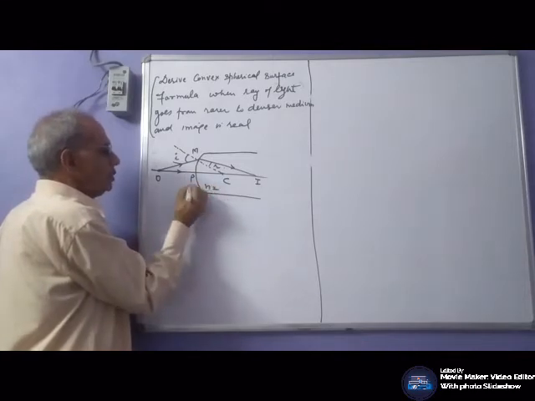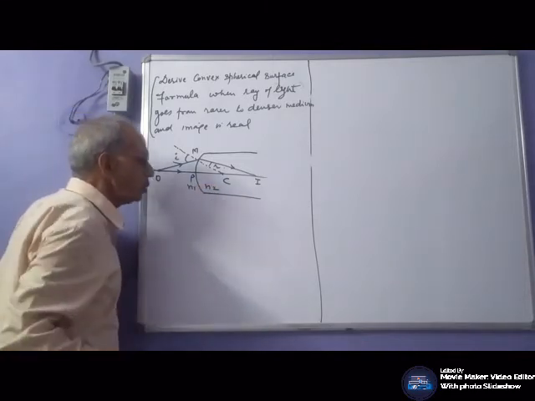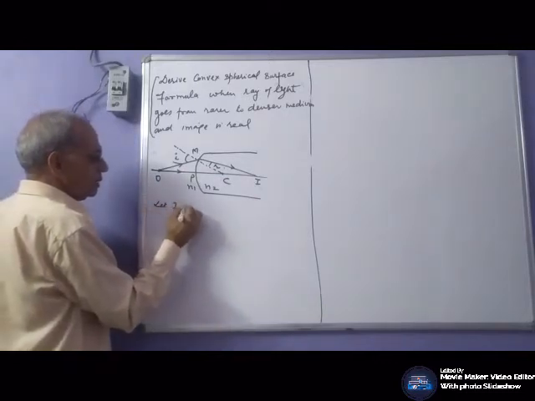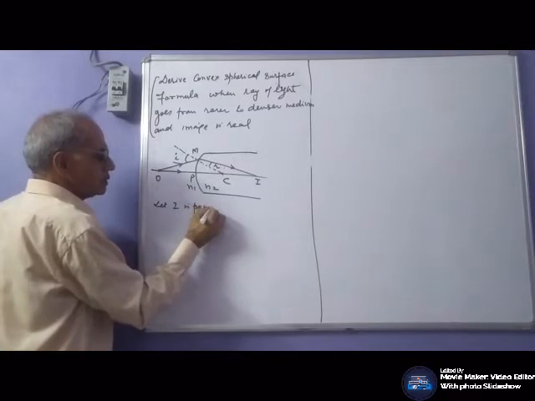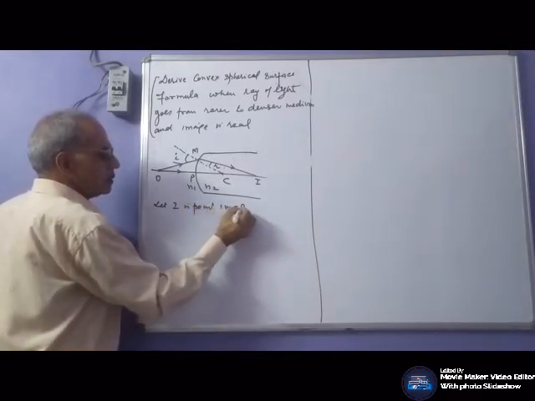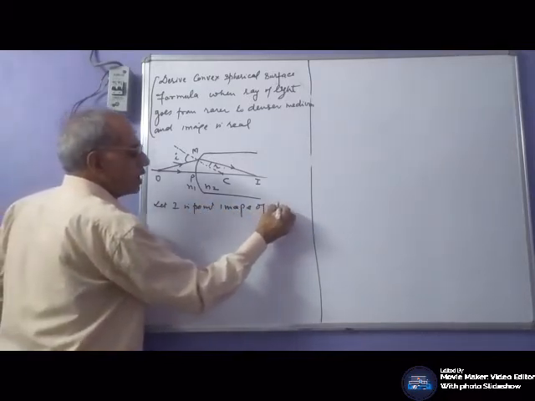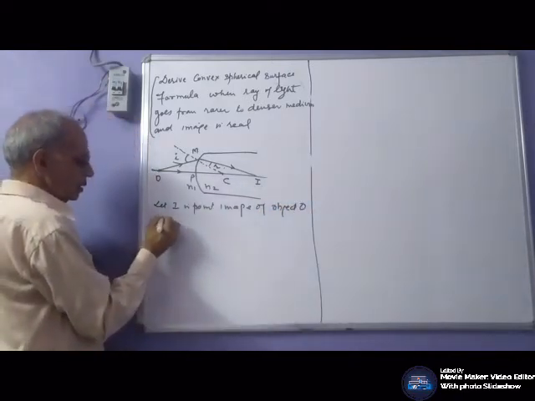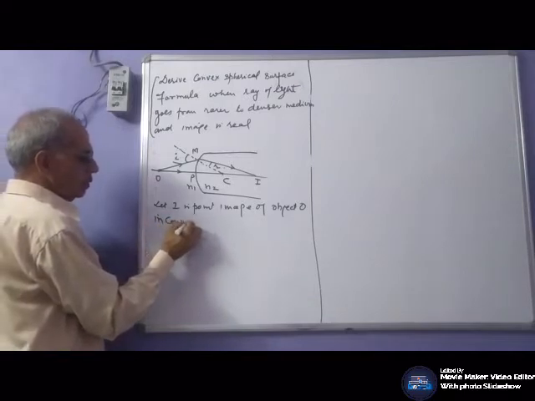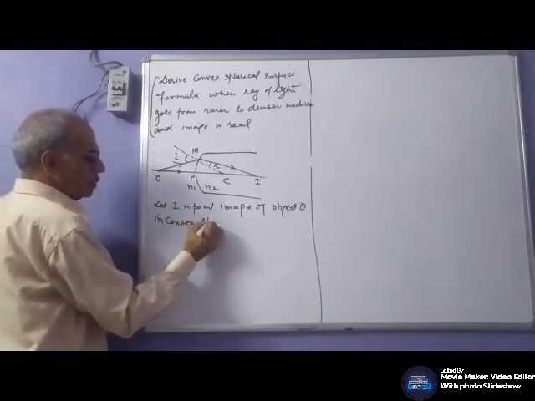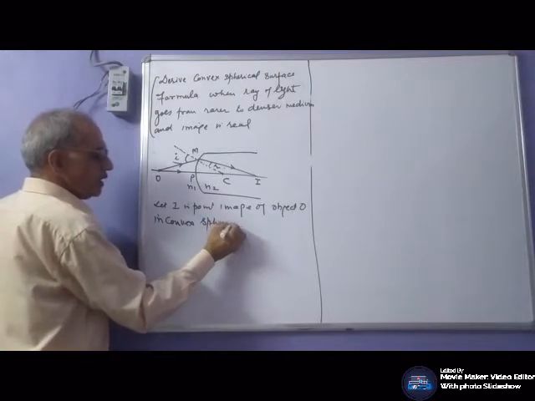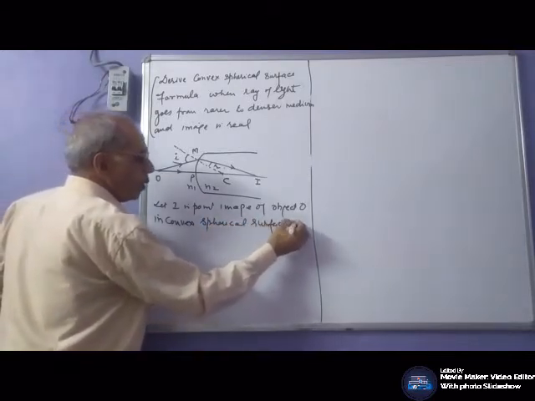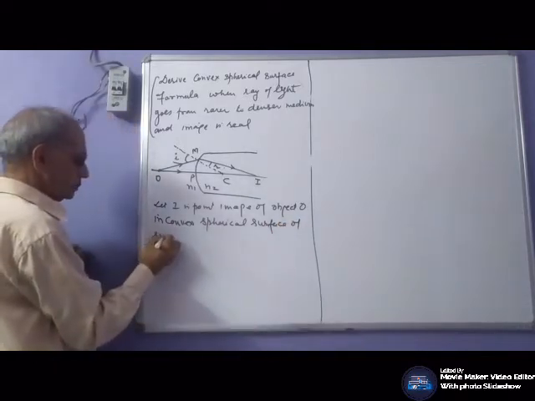N2 absolute refractive index, N1 absolute refractive index. Let I be the point image of object O in a convex spherical surface of small aperture.